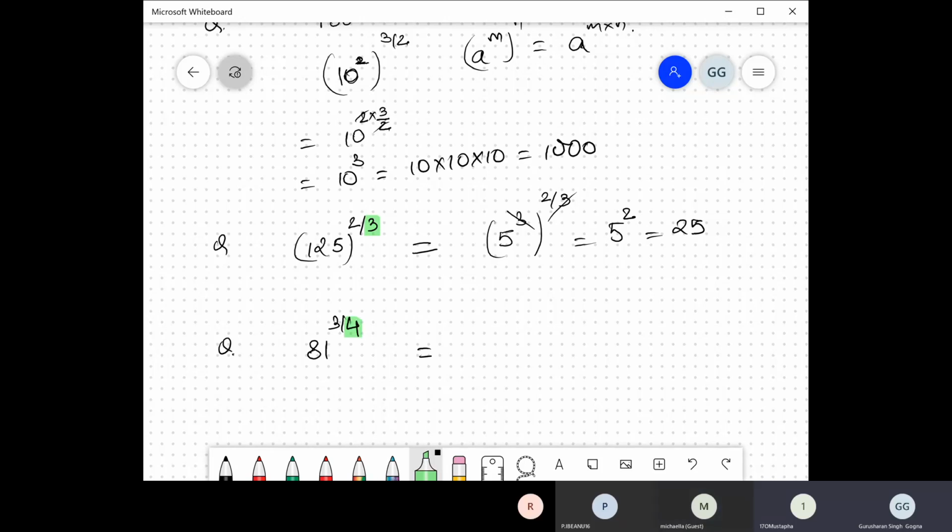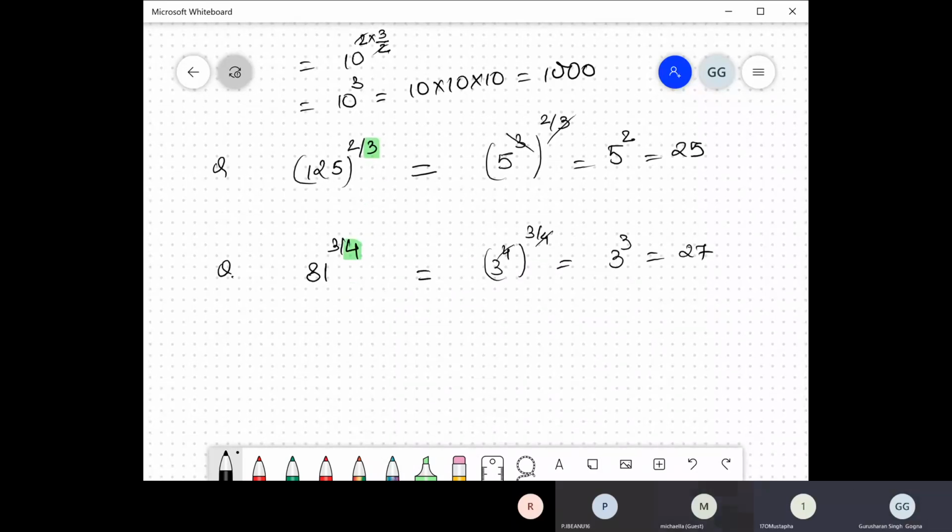You need to write 81 as 3 to the power 4, exactly. So 3 to the power 4 is 81, to the power 3/4. So this will cancel 4 and 4. You're left with 3 to the power 3, and 3 to the power 3 is 27.